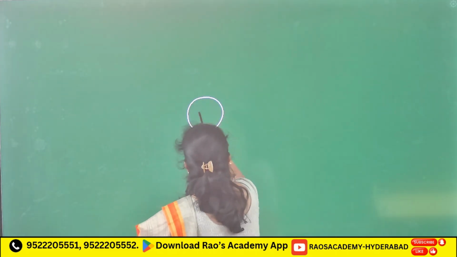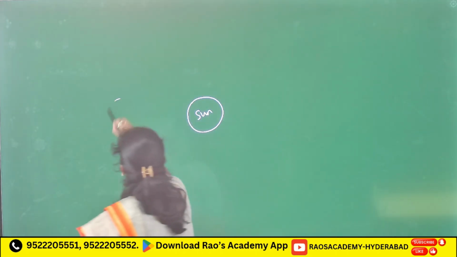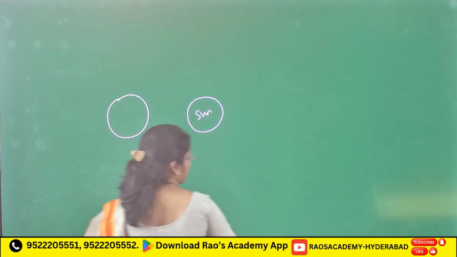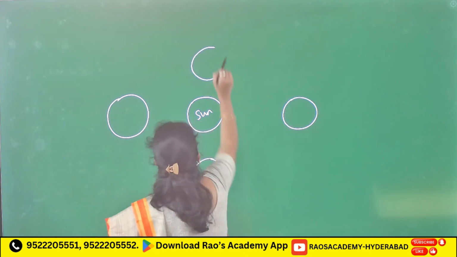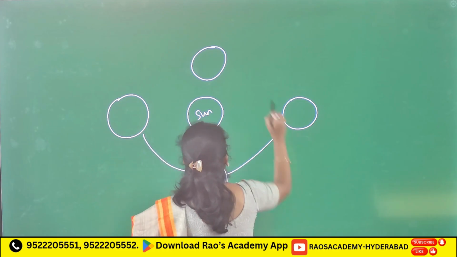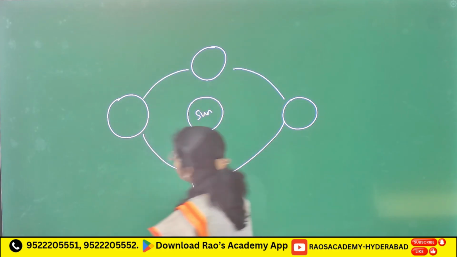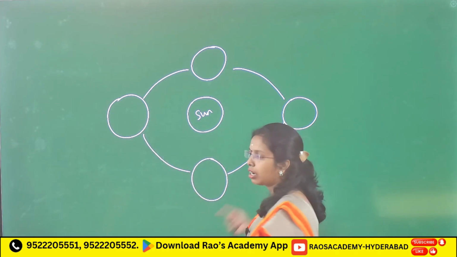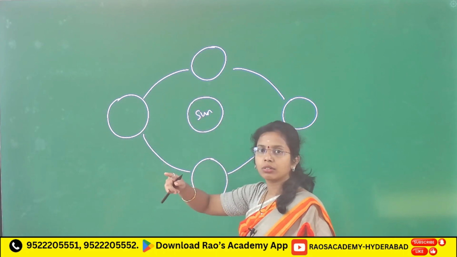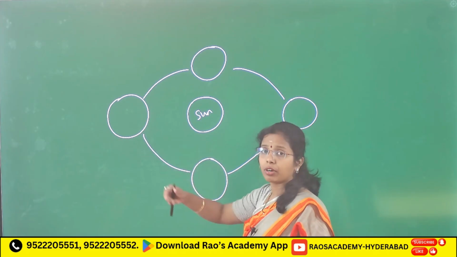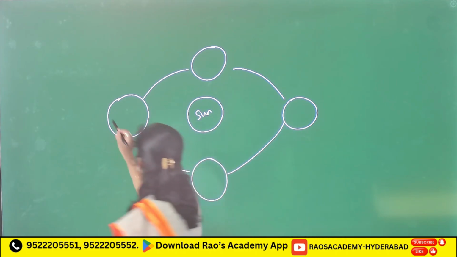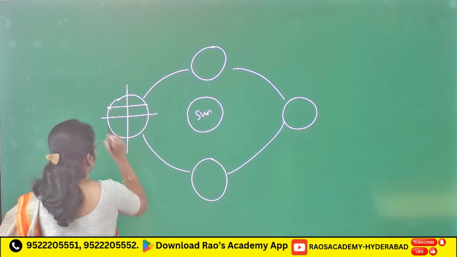For example, this is the sun, and there is no tilted axis. Earth revolves around the sun. What happens if the tilted axis is not there? Straight.